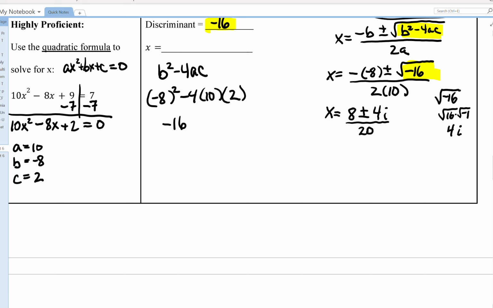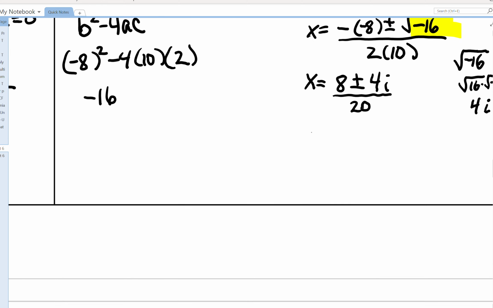Now I look at 8 plus or minus 4i, and all of those, 8, 4, and 20, are all multiples of 4. So I could factor out a 4, and I'm going to write out 4 times 2 plus or minus i all over 4 times 5.